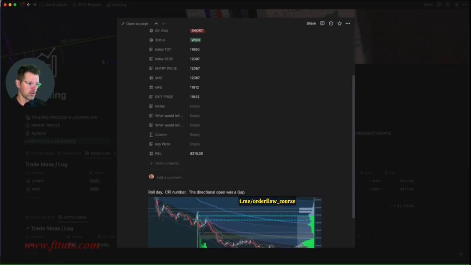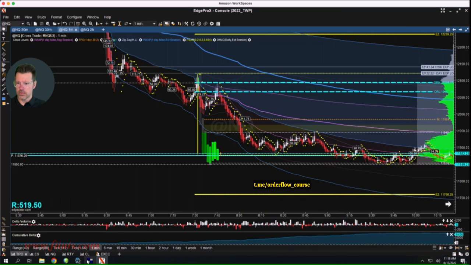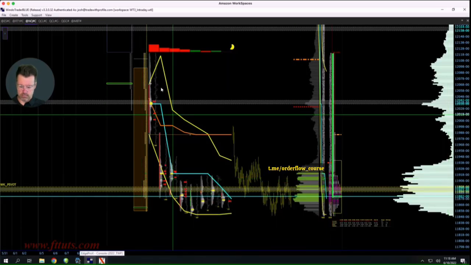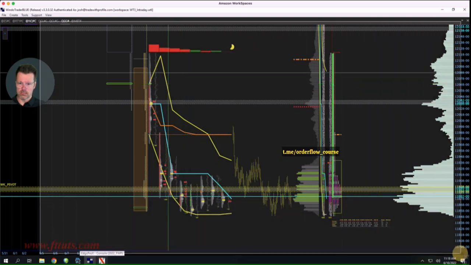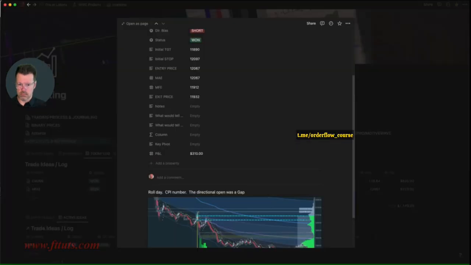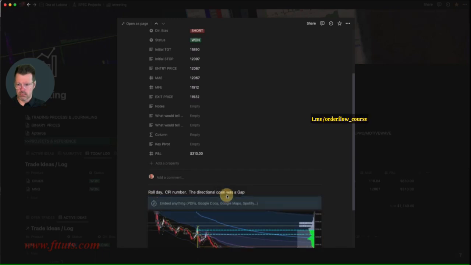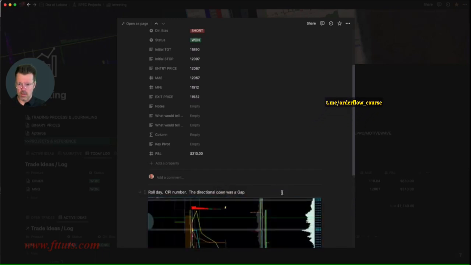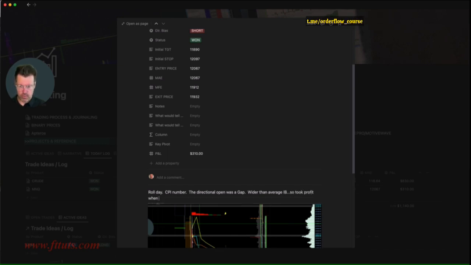I want to get a picture of Window Trader. On a directional open go with, we either get to IB low if it's lower, or we're looking for the average IB. It was wider than average IB. So took profit when presented.